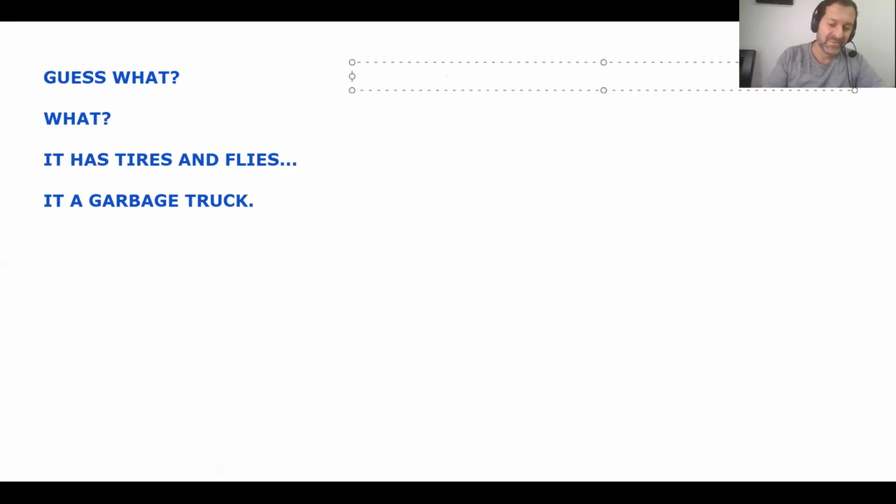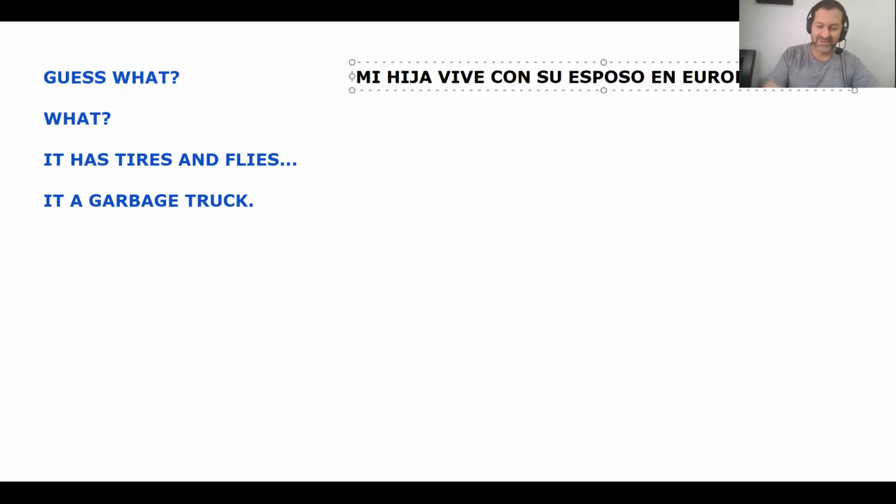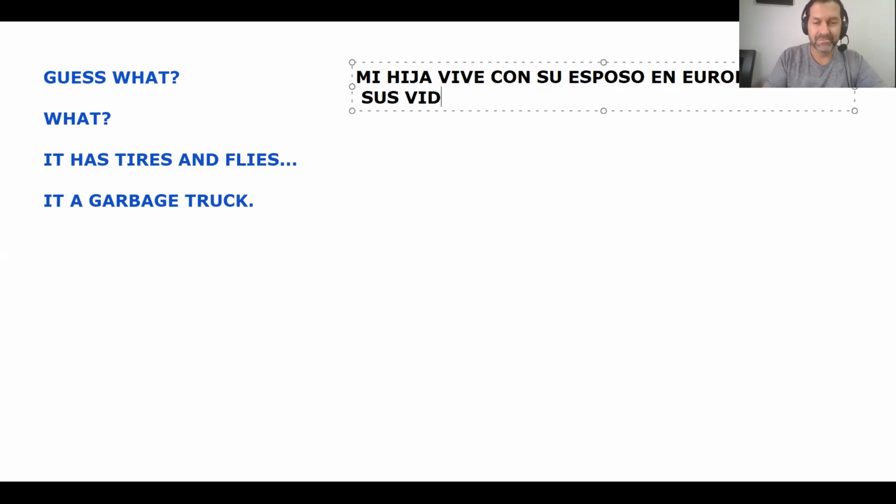It says, for example, mi hija vive con su esposo en Europa. I don't want that to happen to me, you know. I want my daughter to live near me all the time. And then we can say, sus vidas son asombrosas, digamos. Asombrosas. All right. Now we are going to translate into English, all right?